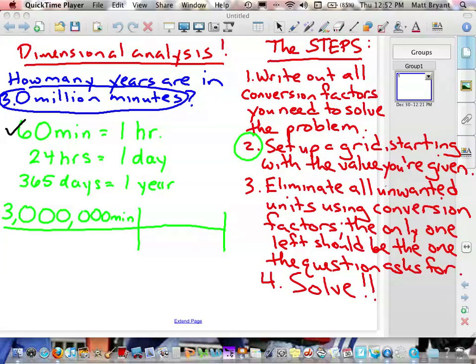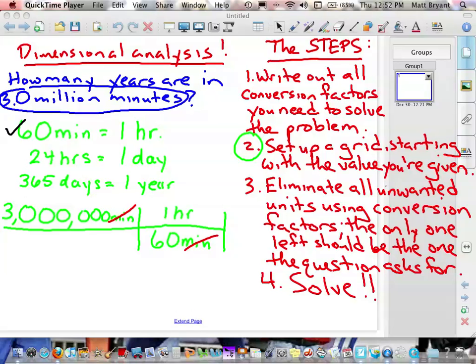And it looks like we want the minutes on the bottom. So we're going to write 60 minutes on the bottom, and we're going to put 1 hour on the top. And if you notice, that cancels out minutes. And now we've gone from minutes to hours.